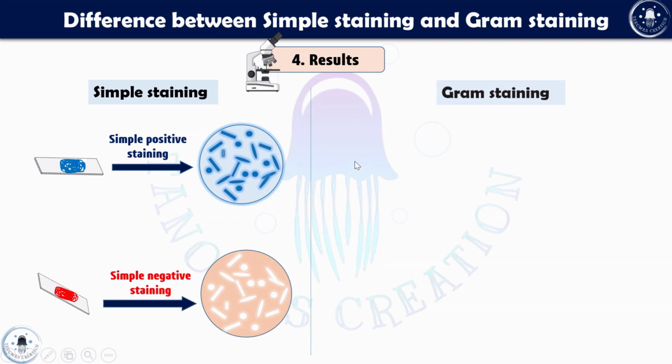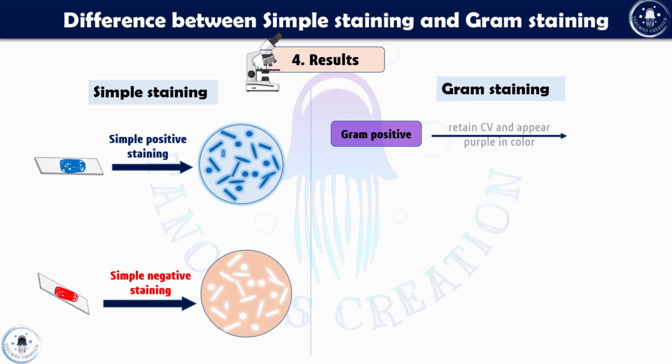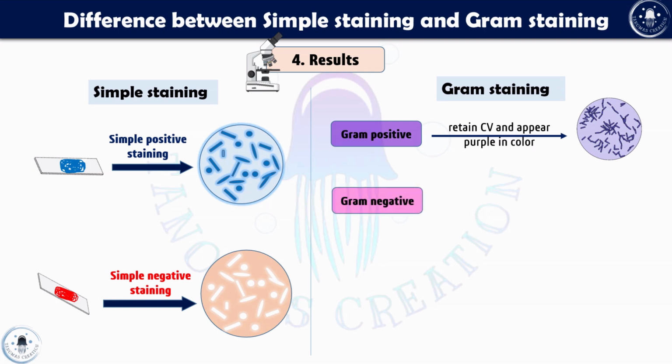However, in gram staining, gram positive bacteria will retain the CV color, that is the crystal violet, and will appear purple in color, somewhat like this. Whereas the gram negative bacteria will retain the safranin and will appear pink in color, somewhat like this.